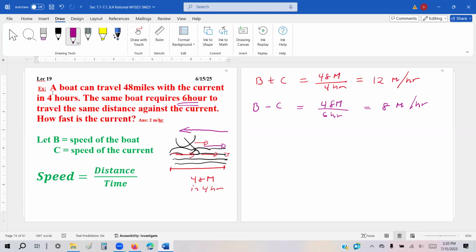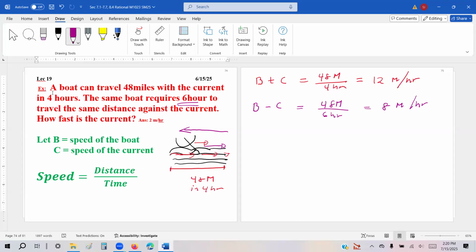Yes, you can plug, but you can just take B minus C, right? If you want to plug, then you have to solve for one variable, and then you can plug. But can you think of another easier method?